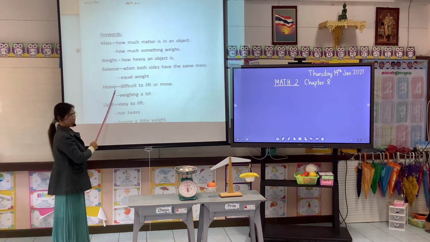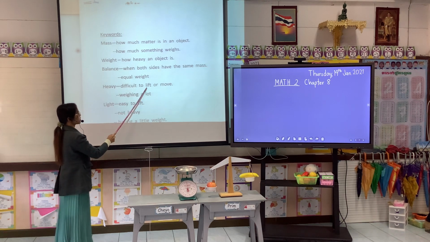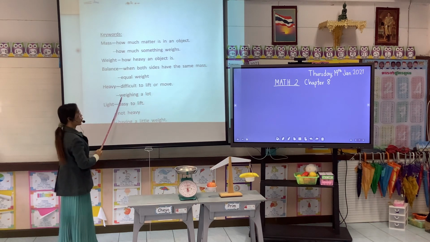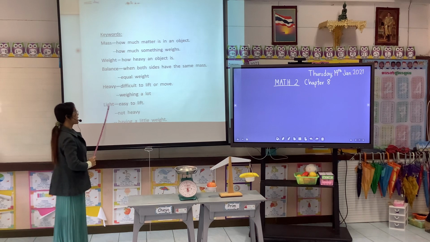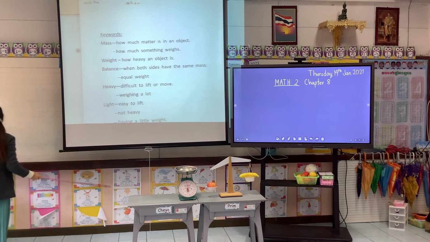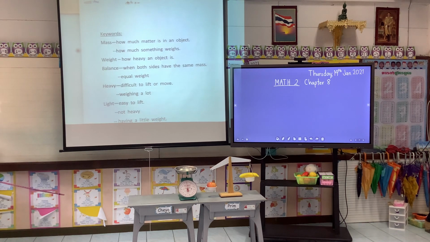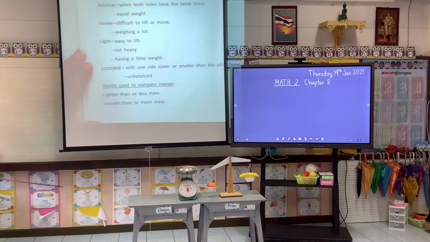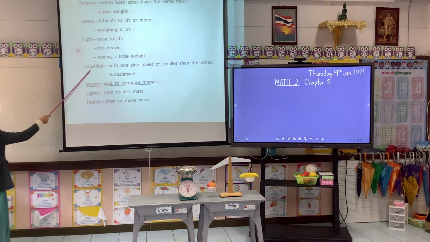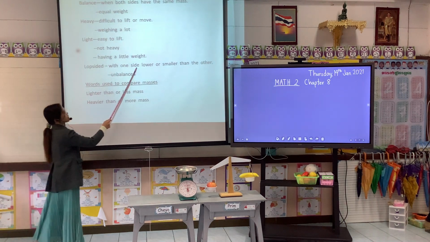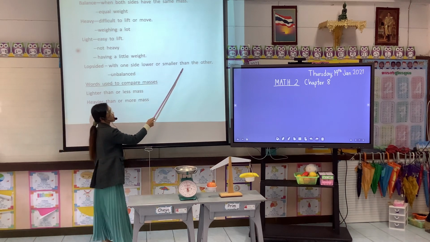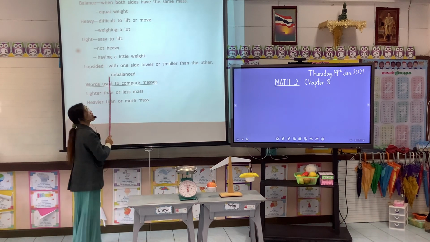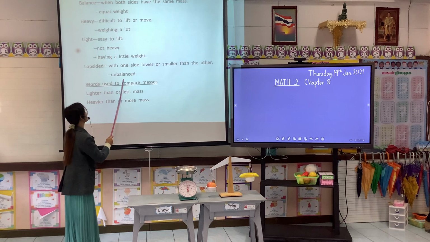Next, heavy. Difficult to lift or move, weighing a lot. Light. Easy to lift. It's not heavy. We have the word lopsided, with one side lower or smaller than the other, or unbalanced.